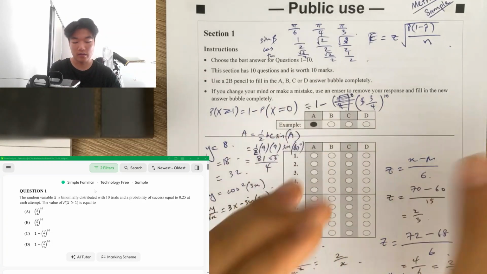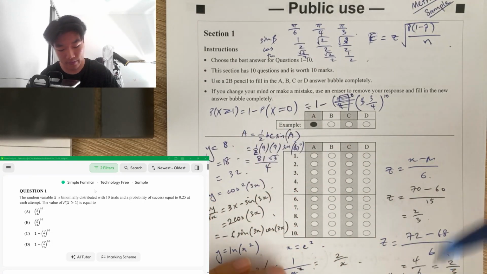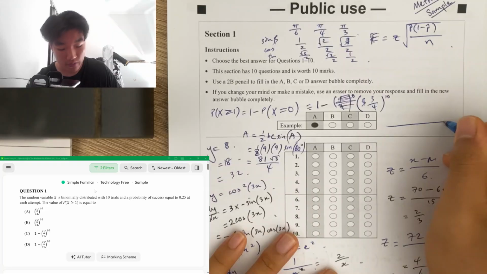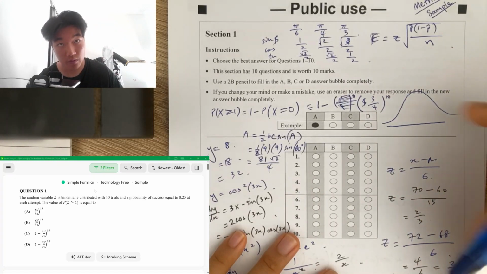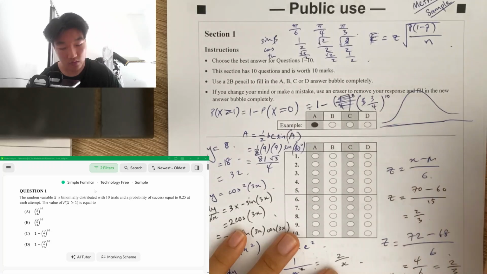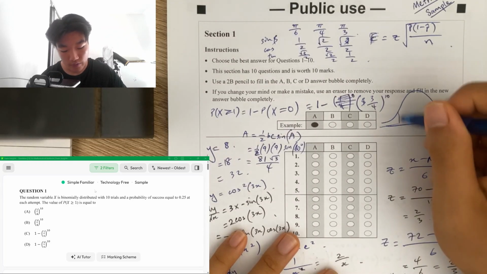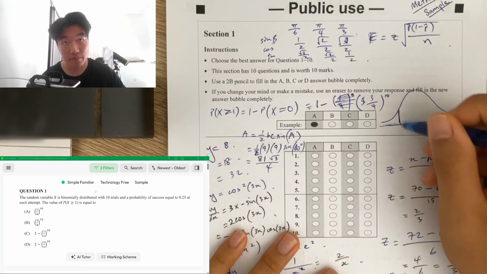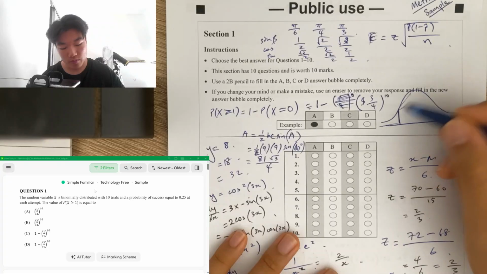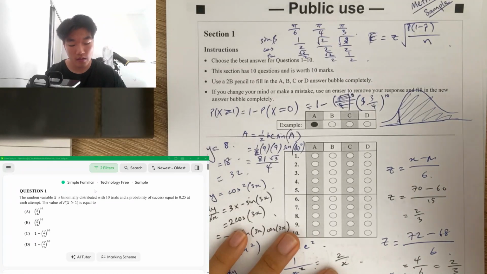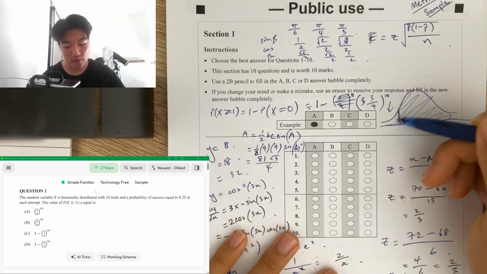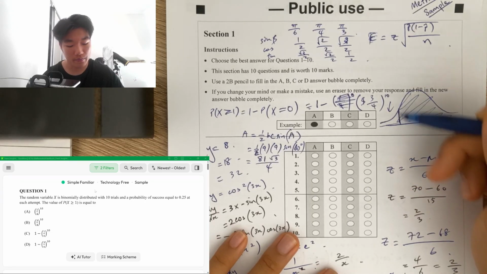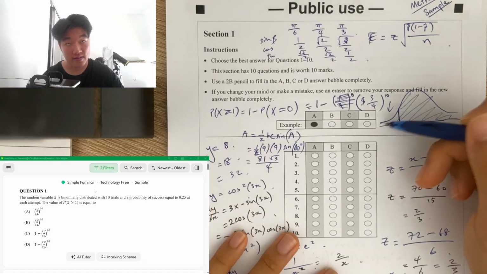It's like saying we have a graph. It's not normally distributed, but let's say we have a graph that's normally distributed, and we have this point here. We want the probability of this, but let's say we're given the probability of the values before that point, so less than.